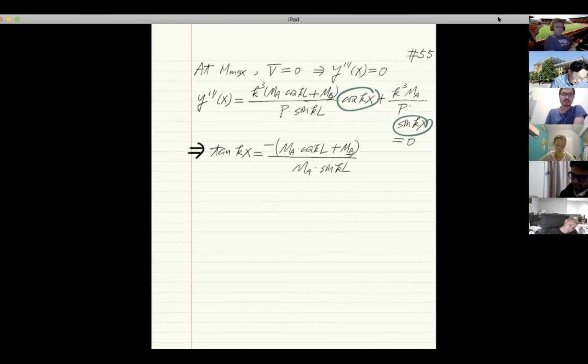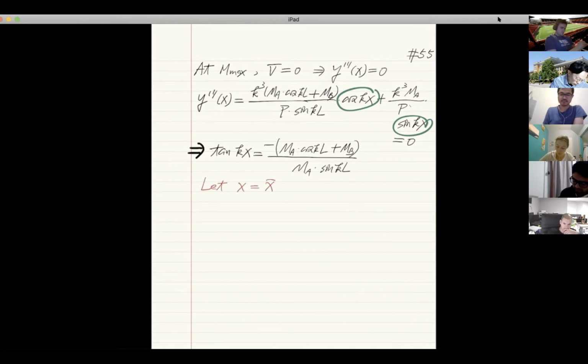So when the third order derivative of y with respect to x becomes 0, that means this must be true. And if this is true, that means at the location where this condition holds, that is the location where the maximum moment occurs. And that means this x, we're going to let x equal x bar.